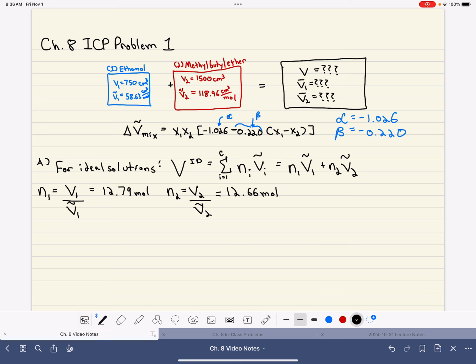We'd also calculate the total amount of moles. And we could also calculate the mole fractions of each species.